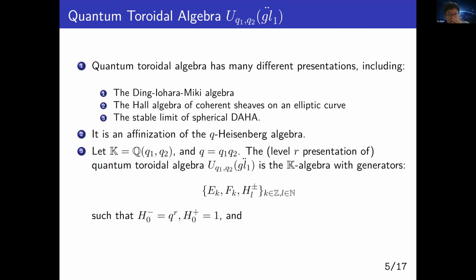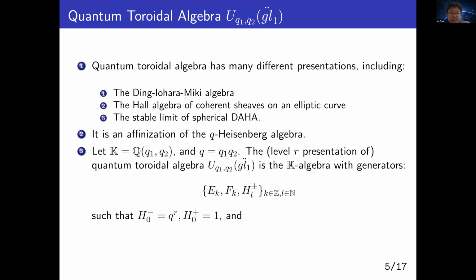This is the definition of the Heisenberg algebra. On this Heisenberg algebra, we can do a deformation, and we will get the Q-Heisenberg algebra. And the quantum toroidal algebra is one more time affinization of the Q-Heisenberg algebra.